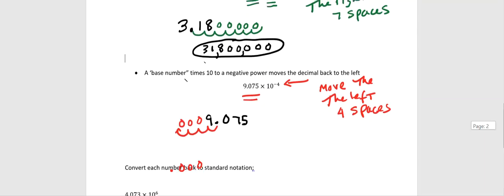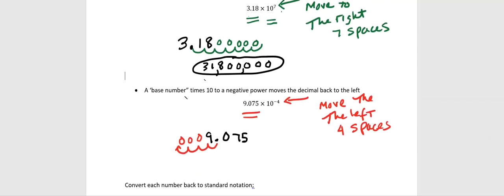So if we look at that value, by the time we're done, we have 0 point. Now remember, we like to see the 0 to the left. 0, 0, 0, 9, 0, 7, 5. All right, so let's see. That would be tenths, hundredths, thousandths, ten-thousandths, hundred-thousandths, millionths, ten-millionths. So 9,075 ten-millionths in this case.